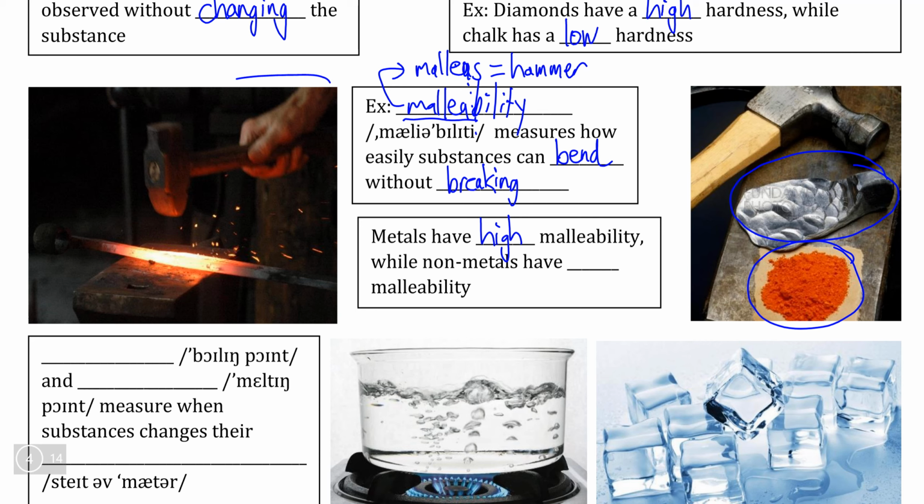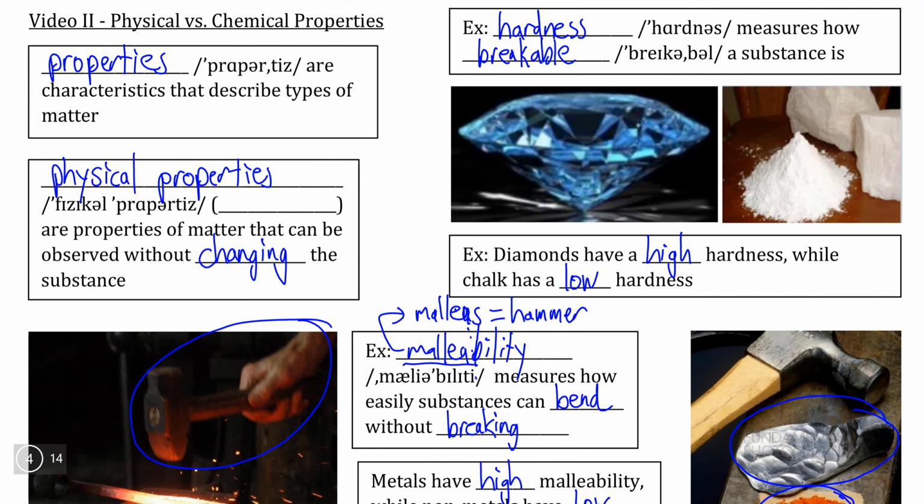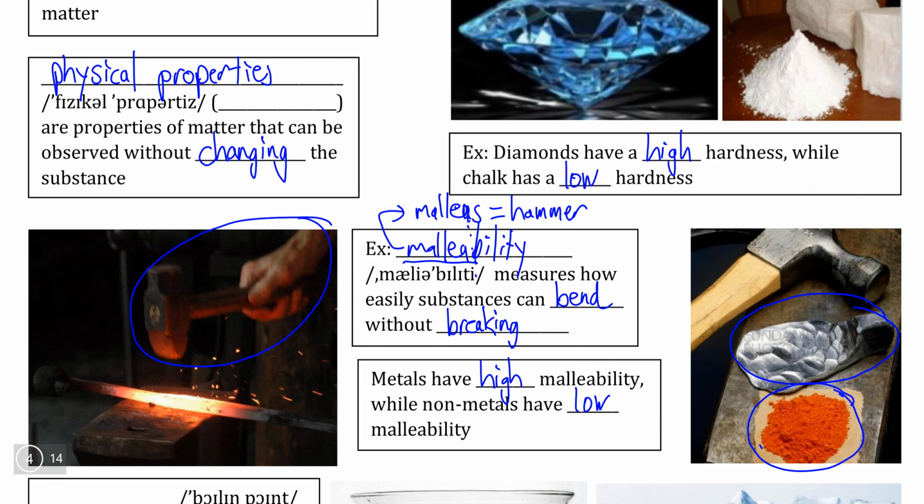And this is why blacksmiths use metals as the material for swords and other types of weapons, whereas non-metals, such as this red powder here, have a very low malleability because they shatter and break apart into powder and cannot be shaped.